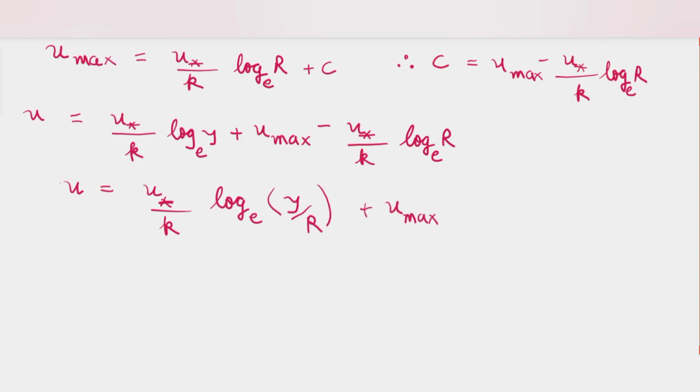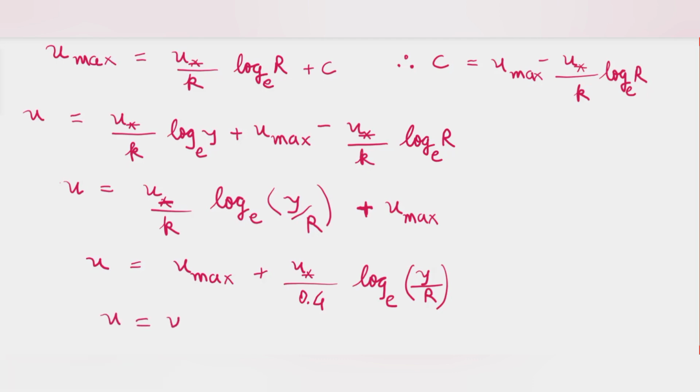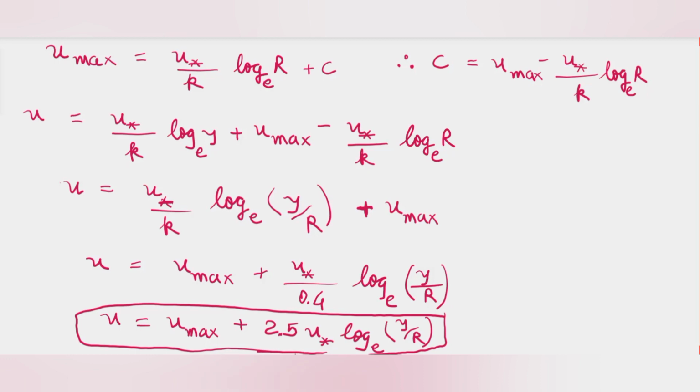We place that, so u is equal to u max plus u star by 0.4 log y by r to the base e. 1 upon 0.4 is 2.5, so u is equal to u max plus 2.5 u star log y by r to the base e. This equation that we have derived is called Prandtl's universal velocity distribution equation for turbulent flow in pipes. You'll have to remember this in order to solve the examples.